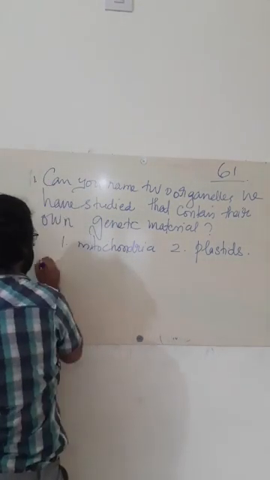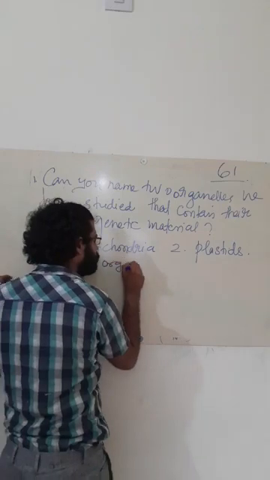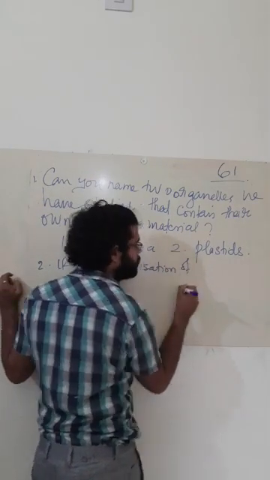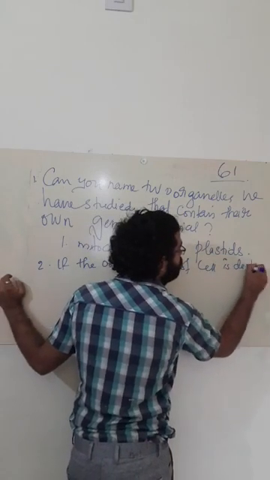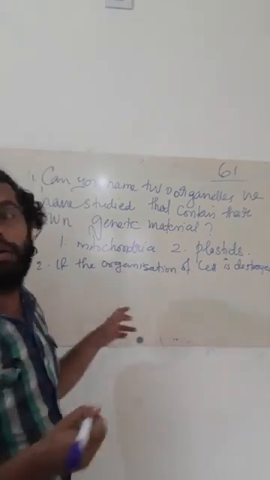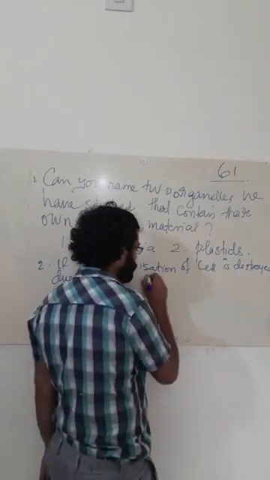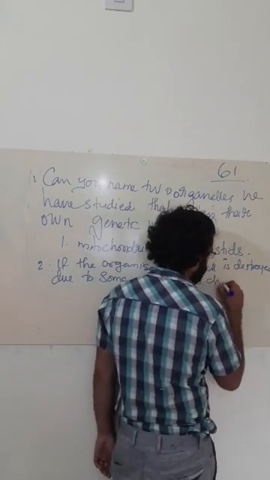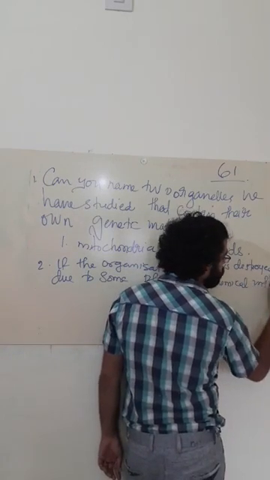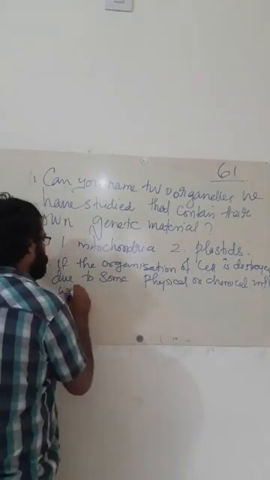The next one is: if the organization of a cell is destroyed due to some physical or chemical influence, what will happen?